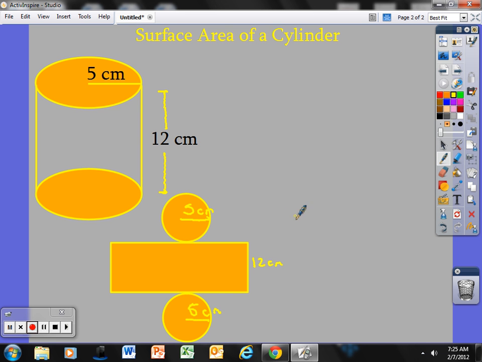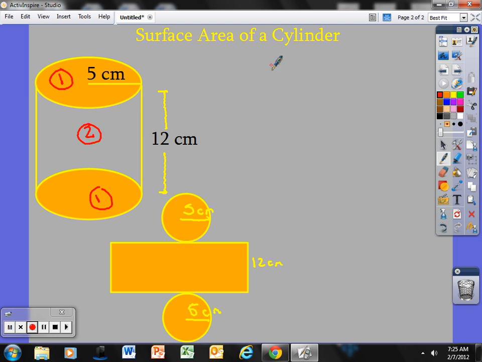Now to find the surface area, going back to the video I showed on a prism, I actually have two shapes here. I have two circles, which I'll label 1 and 1. And when I unravel this, I essentially have a rectangle, so that's my second shape.